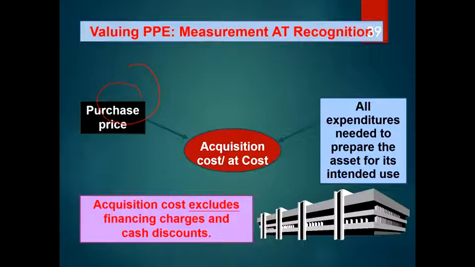So, maksudnya kita akan value dia dekat purchase price and all expenditure needed to prepare the asset for its intended use. For example, the freight cost, installation cost, taxes, and all the costs incurred to set up the asset lah. So kita akan capitalize dia. So that's how we value the PPE.